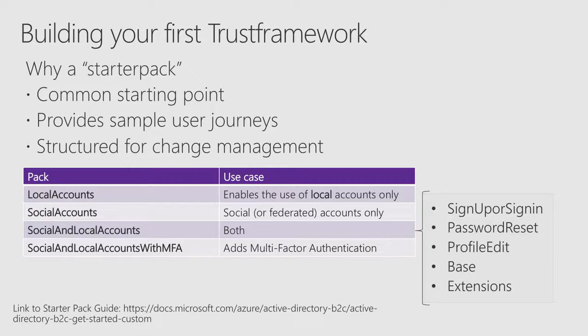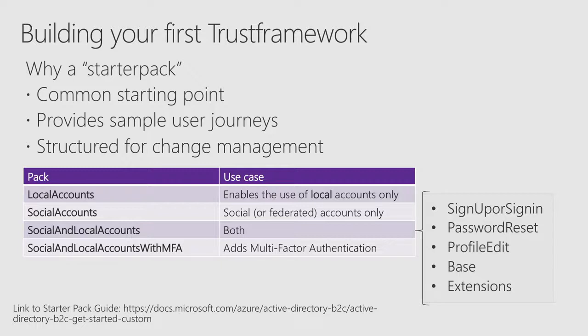Since I'm looking at social and local accounts, this will have at least one social account and a number of technical profiles for a local account. When I say technical profile, I'll talk about it in the context of claims providers later. But think of a technical profile as an endpoint to which the identity experience framework will federate with.